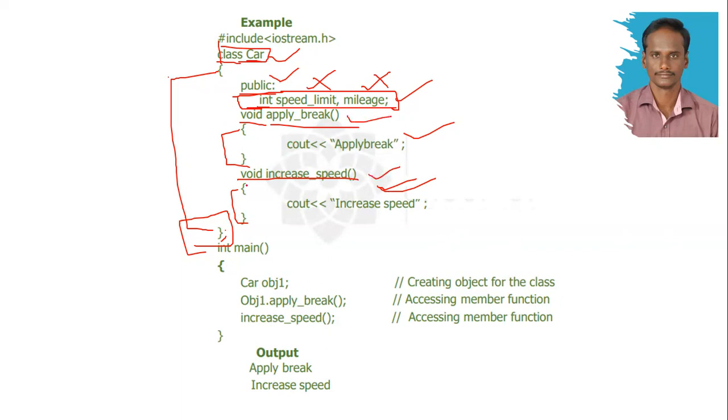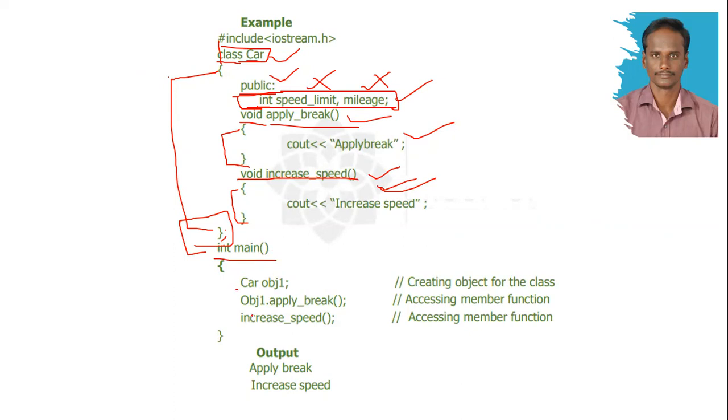We already discussed that if we have declared or defined any data member inside the class, and you want to access the class properties or class members, you should create an object. Without an object we cannot access the class members. So I'm coming here to main. How are we creating an object?